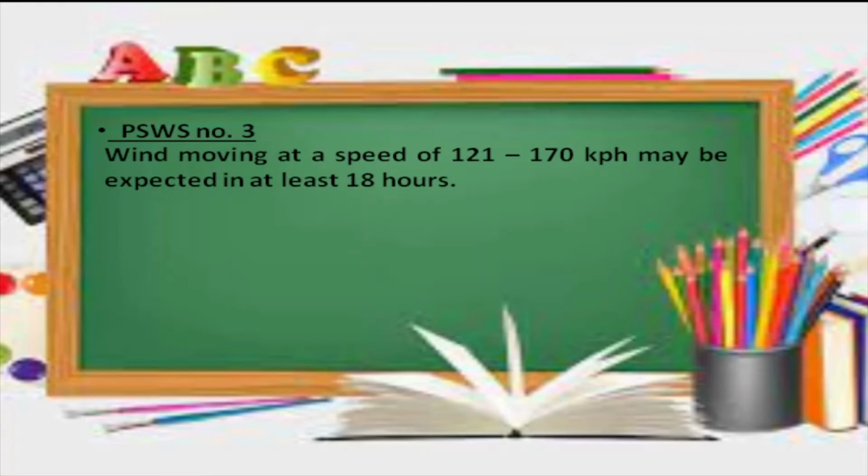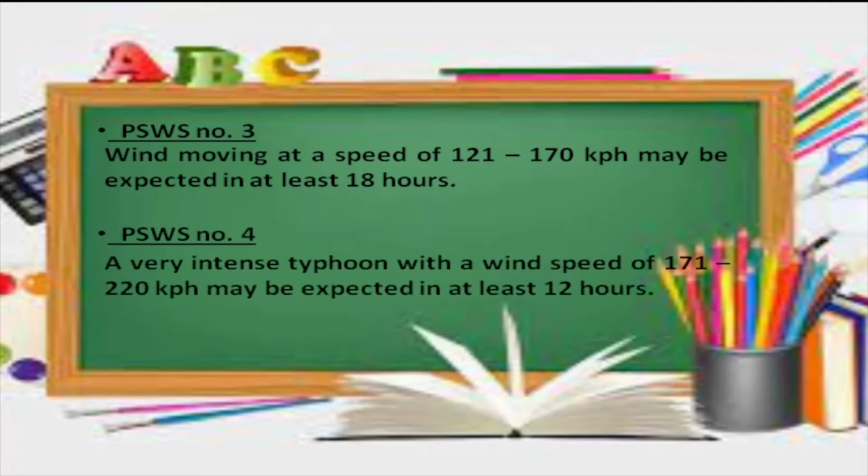Wind is moving at a speed of 121 to 170 km per hour may be expected in at least 18 hours in your locality. The fourth one is the PSWS number 4. A very intense typhoon with a wind speed of 171 to 220 km per hour may be expected in at least 12 hours in your locality.